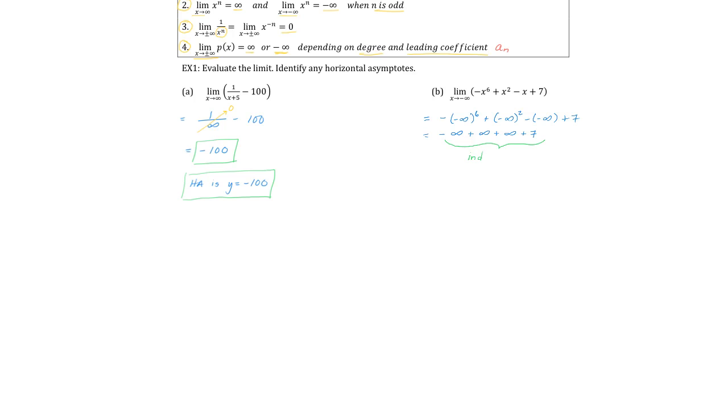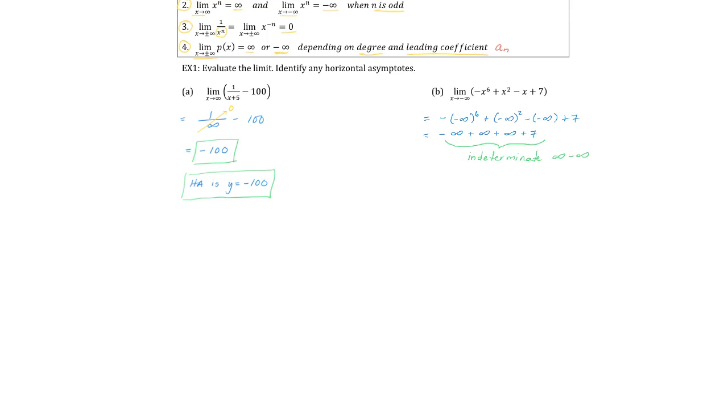And I have a problem with this because this is indeterminate. Whenever you have positive infinity minus infinity, so it'd be like a minus infinity plus infinity, we don't know what that is. Okay, so it's this form here. So notice if I exchange the first two terms, I have infinity minus infinity.